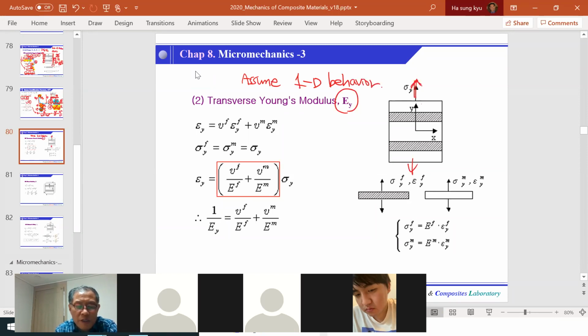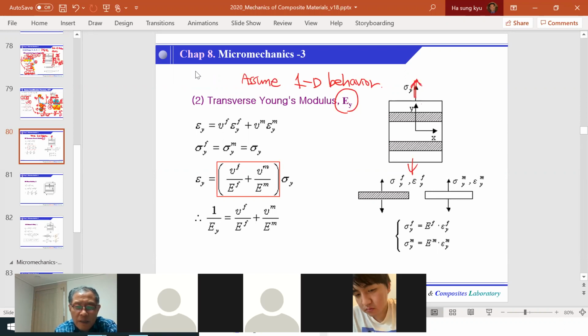Of course, we can consider the Poisson's effect, but just follow the simple procedures. Now, again, the force we are applying is in the transverse direction.